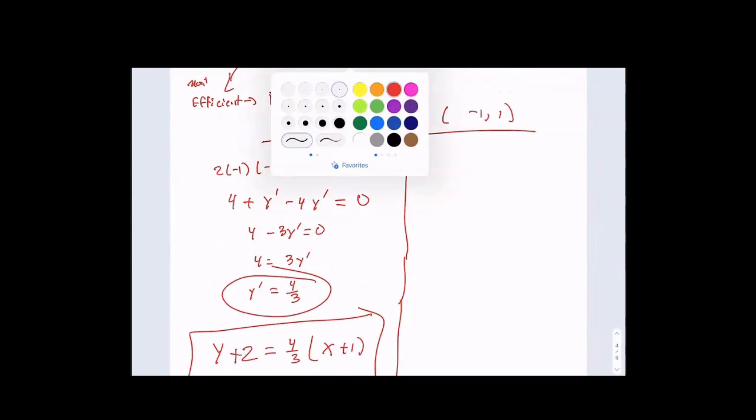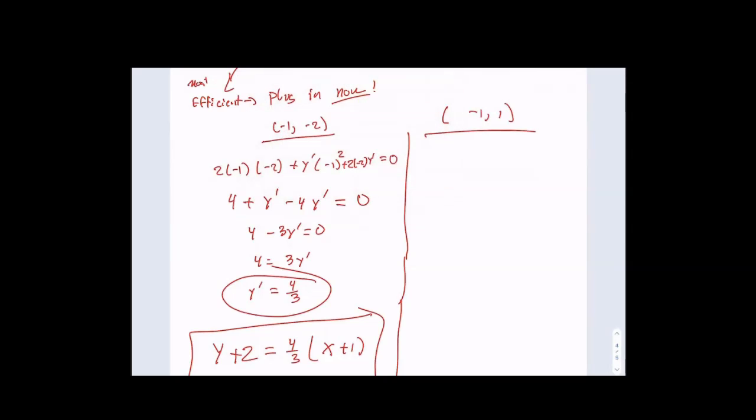So now on the other side, 2 times -1 times 1 plus y prime times -1 squared plus 2 times 1 times y prime equals 0.